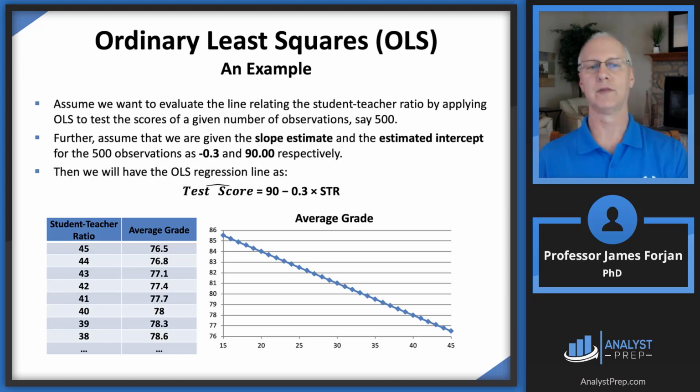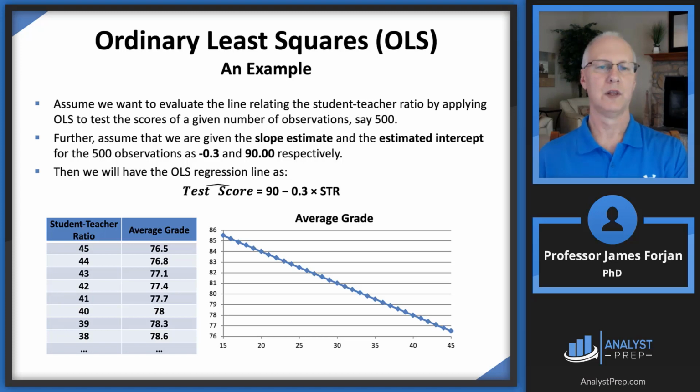All right, look at the first bullet point. Let's suppose we do this 500 different times. And then let's suppose that we get out our little Excel. Excel's pretty nifty, and there are lots of other programs that do regression analysis. You just put the data in, go to data and regression, and let's suppose we get an intercept term of 90 and a slope coefficient of minus 0.3.